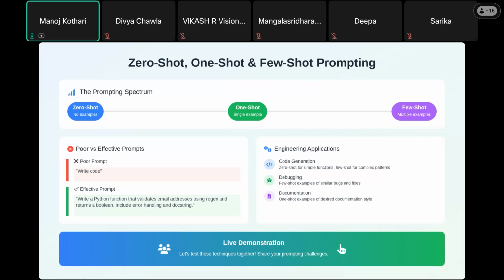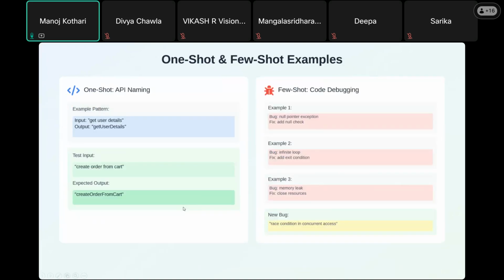So whenever we are doing such type of activities wherein we don't have any example, we have to make sure that our prompts are discrete and effective, and the text we are writing is proper.